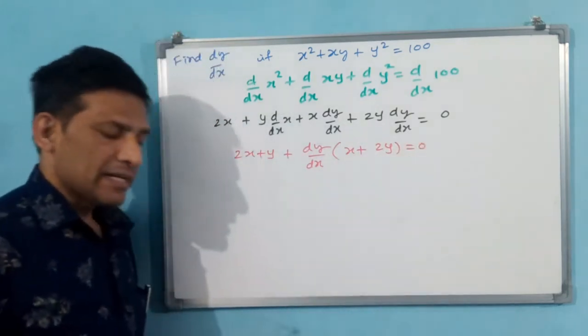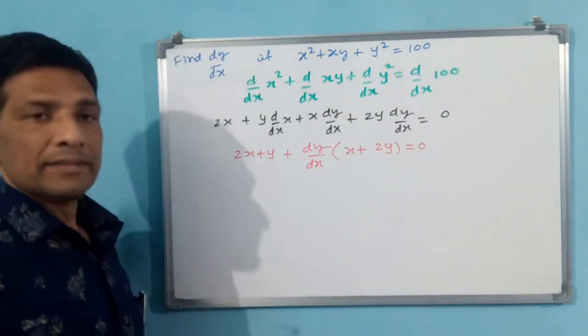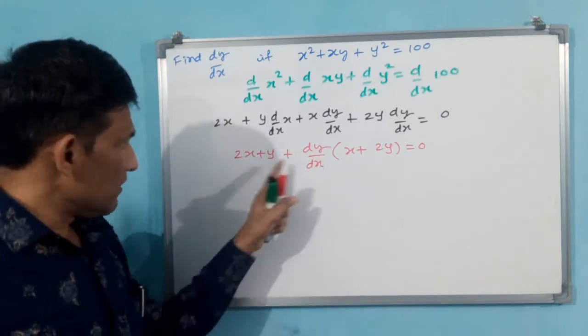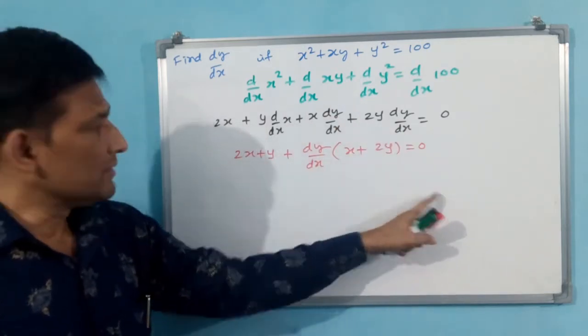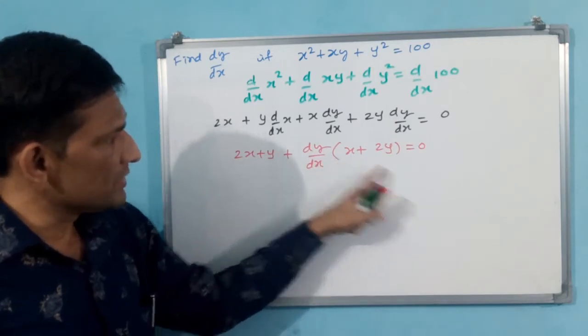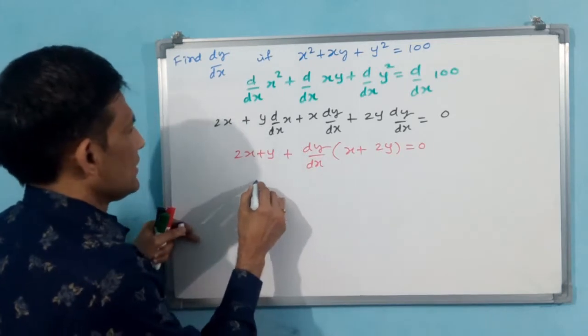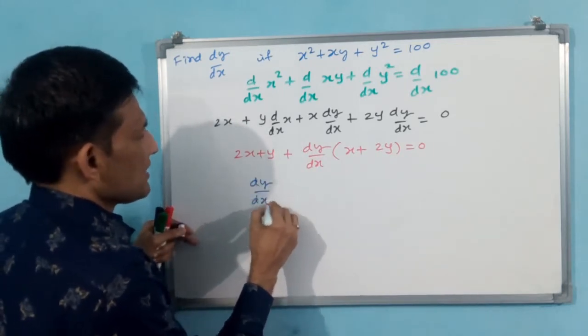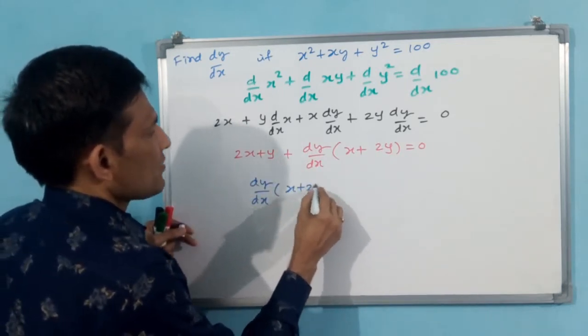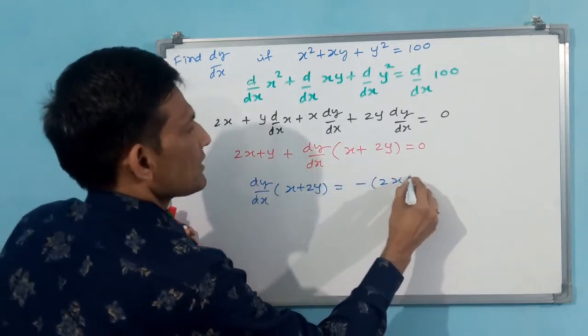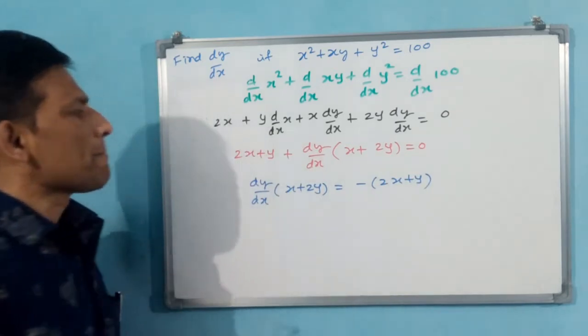First of all, you see, is it correct? Definitely correct. Now what I am doing? See, first I will send this 2x plus y that side. Then again I am going to send this x plus 2y. Then we are going to get dy/dx. You see what I am doing? dy/dx into (x plus 2y) is equal to minus of (2x plus y). Is it okay?